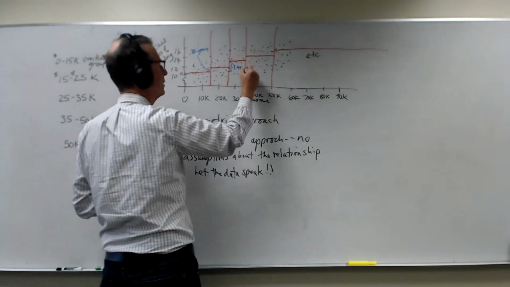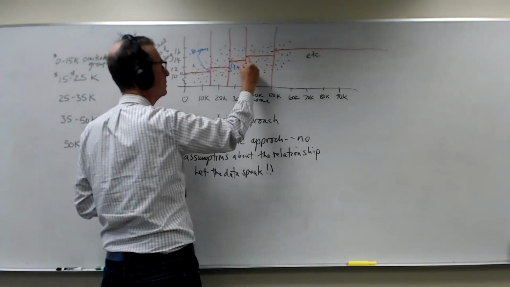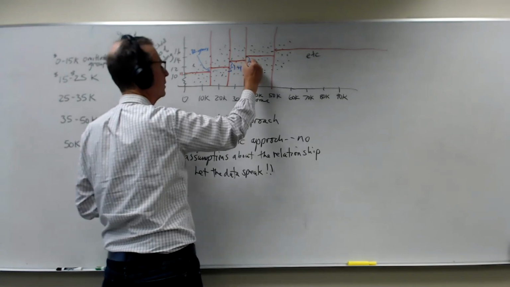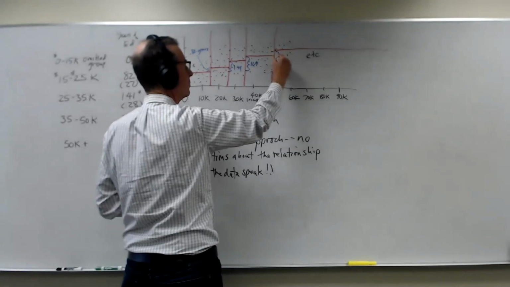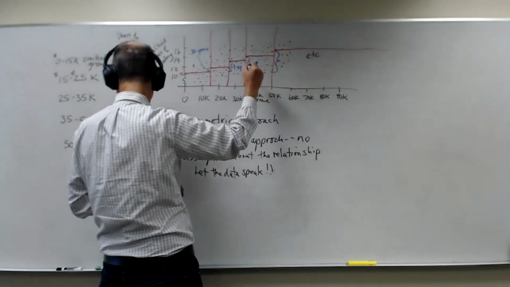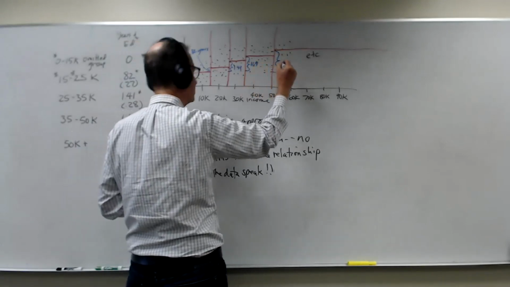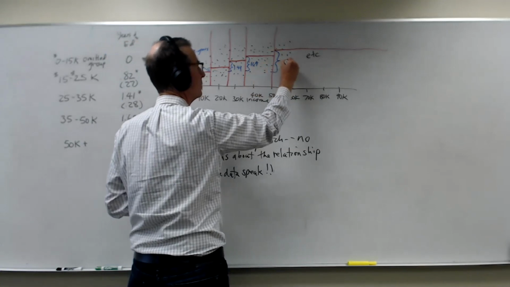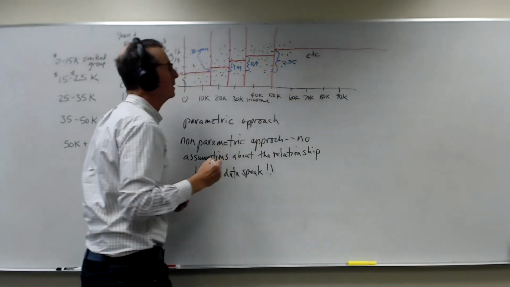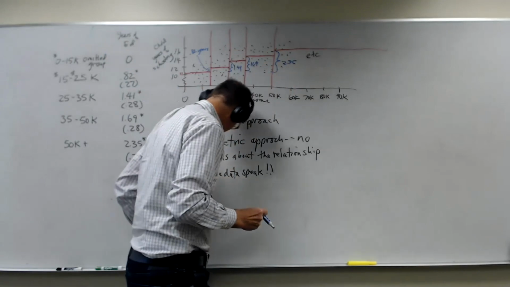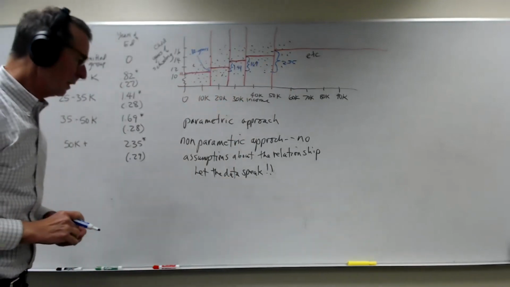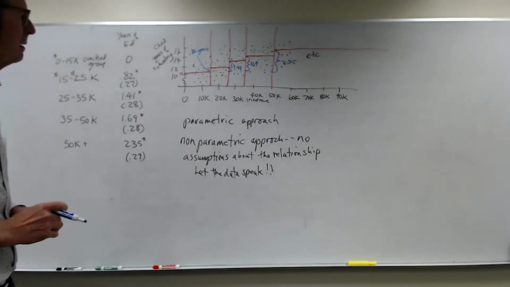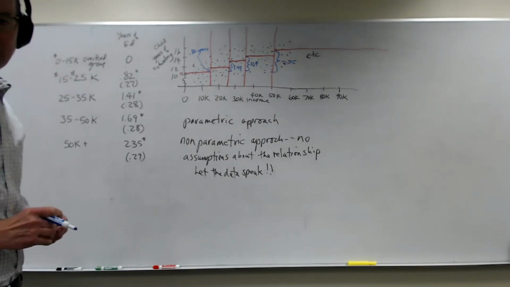This difference relative to 11 is 1.69. And then this difference relative to 11 years of education is 2.35. All right, so I probably haven't drawn this to scale very well, but you get the idea, I hope.